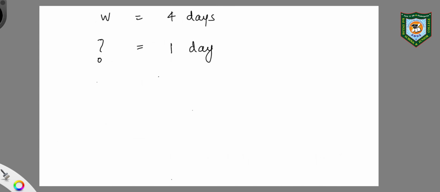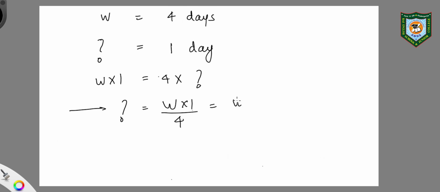What happens is we have W into 1 is equals to 4 into whatever work is done. So the question mark comes out as W into 1 divided by 4. This is equals to W by 4. So in one day, both of them together complete W divided by 4 work.